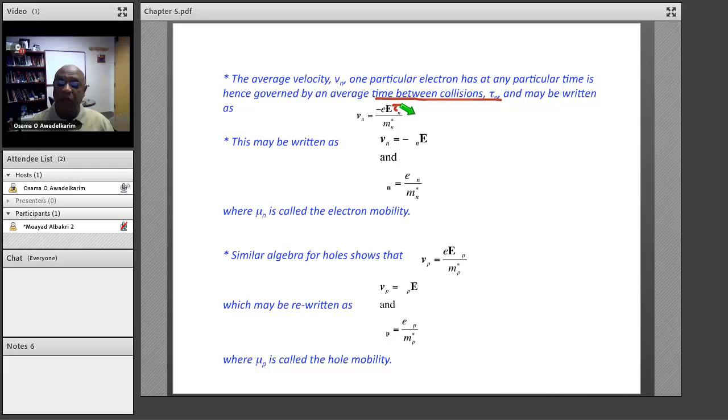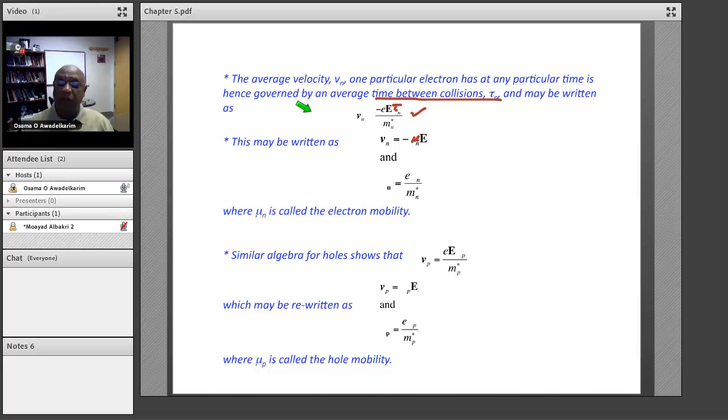So this is my average velocity. This average velocity can be written in terms of some mu. I don't think this is written right; for some reason, the Greek letters do not show up. So this is mu, like a curly U, mu_n E.